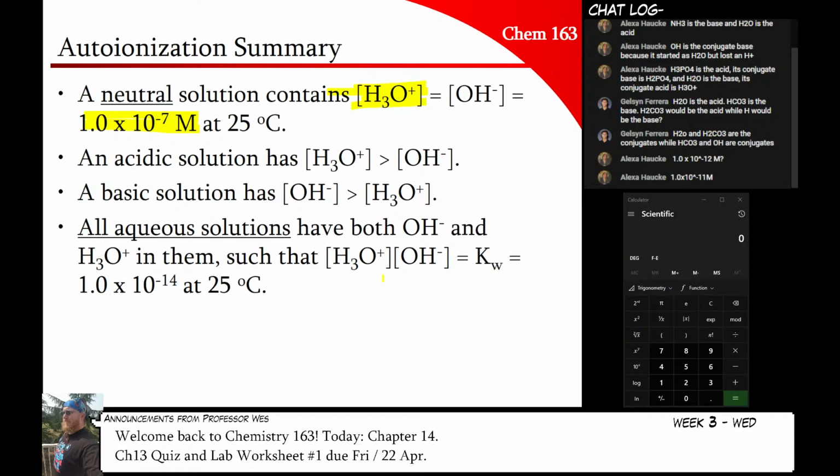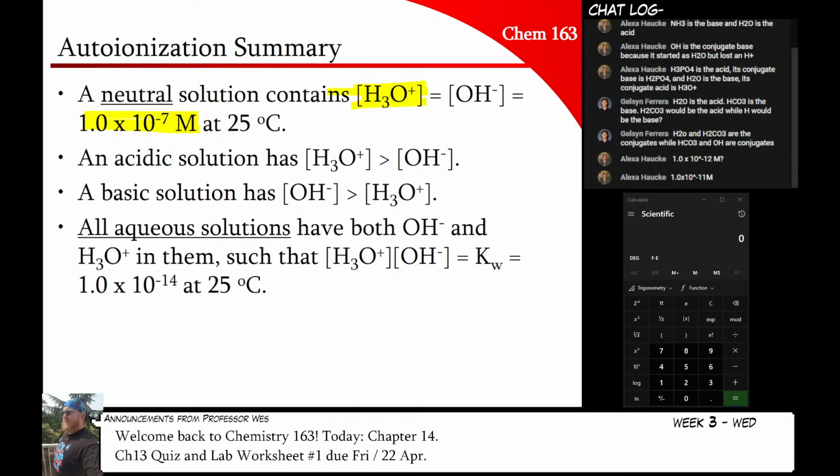And then finally, when you take the product of hydronium times hydroxide in an aqueous solution at 25 degrees Celsius, this must equal Kw, which equals 1 times 10 to the minus 14. So this will always, always, always be true.